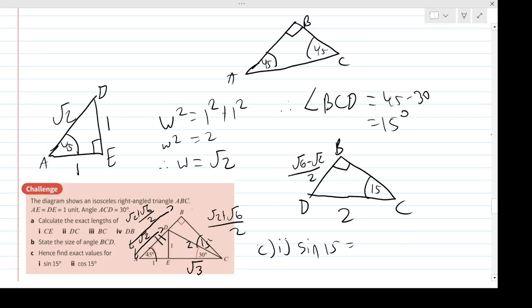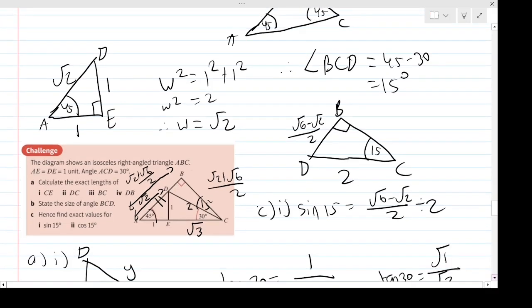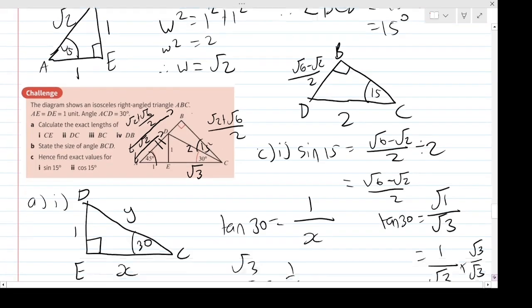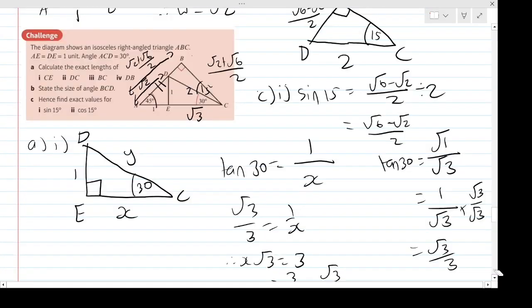So sine is going to be the opposite, which is root 6 minus root 2 over 2, divided by the hypotenuse, which is 2. Right? So if you do keep flip change, that's going to be root 6 minus root 2 over 2. I'm going to have to get rid of all this down here. I have to make room.